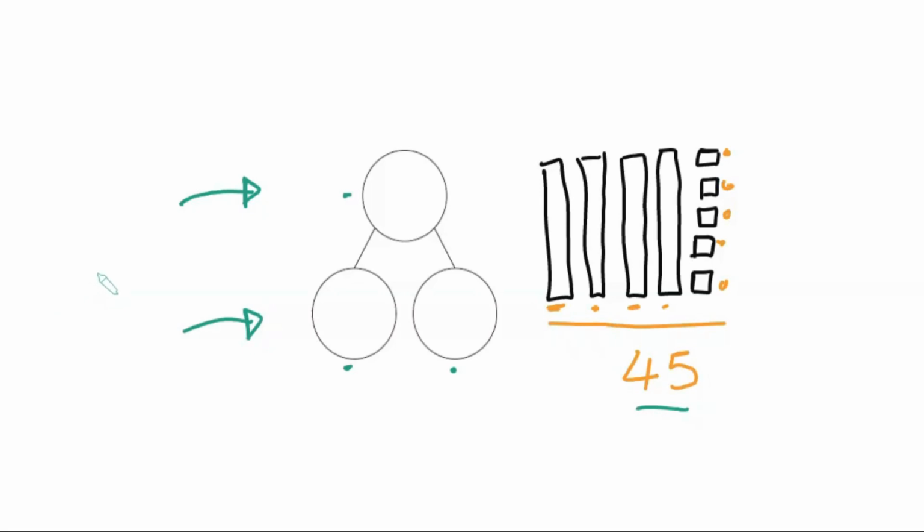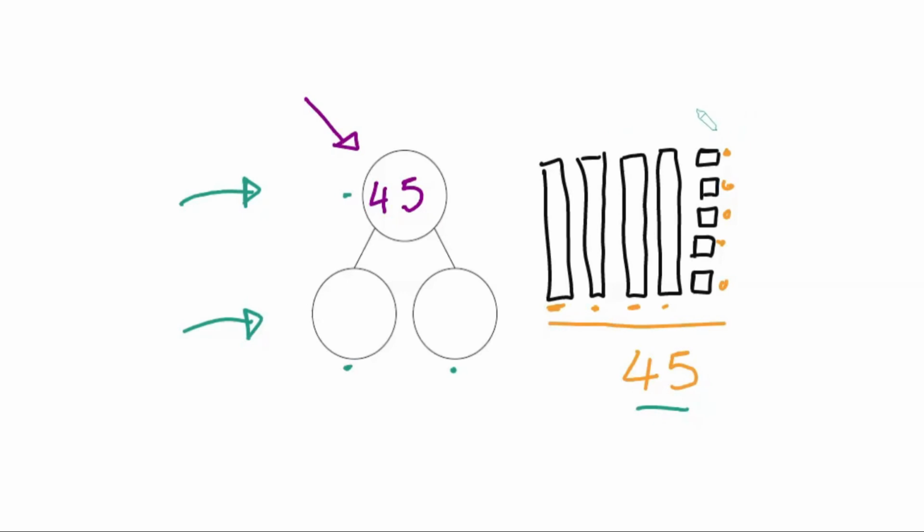If you said on the top, you are absolutely correct. Our whole number belongs on the top by itself, because that is the whole number. So we're simply going to pop number 45 on the top like so. Can you remember what we're going to do now? Now we're going to partition our number.